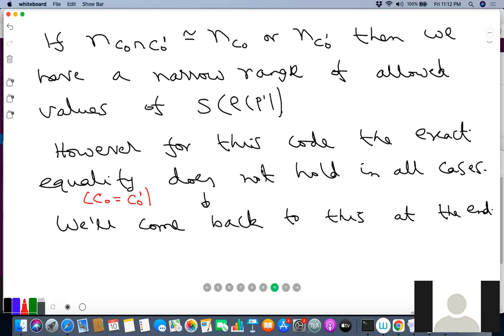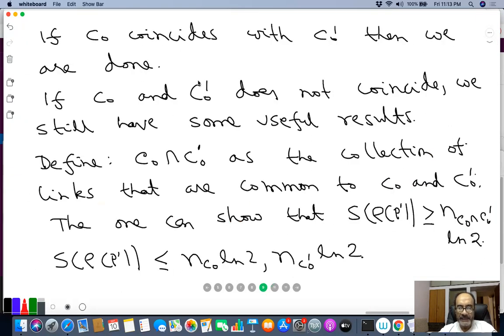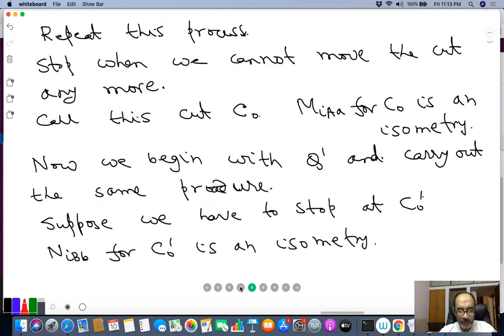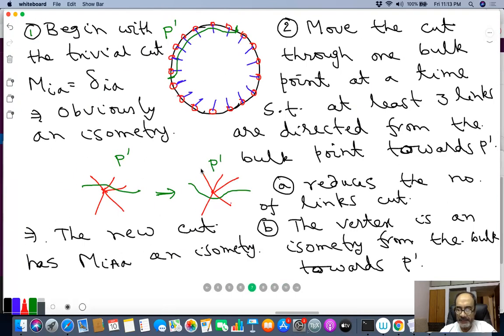Also, this algorithm only works well for a connected surface, right? No, it works even for disconnected ones. Suppose it's disconnected, and you have two pieces.